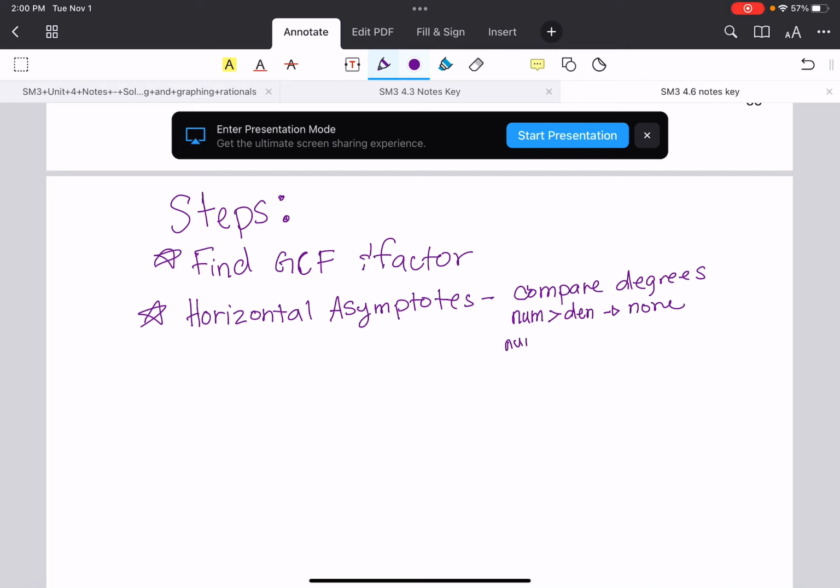If the numerator equals the denominator, divide leading coefficients.